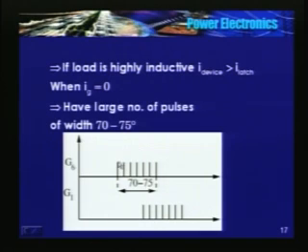So here is the sequence. A series of high frequency pulses of 70 to 75 degrees, and see, there is an overlap here. This is the overlap. 1 and 6 are triggering at this point, or this is the instant where G1 should be triggered.